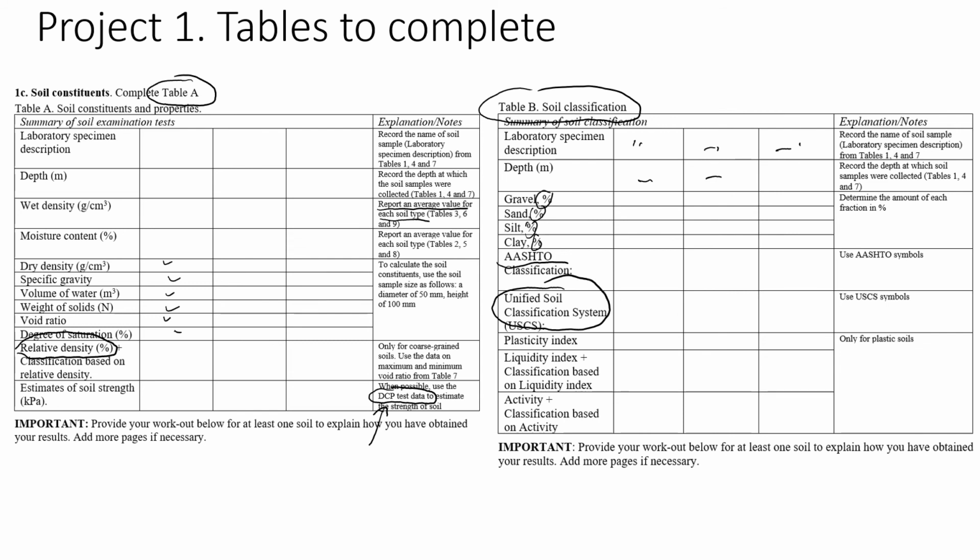You're going to have 2 plastic soils, and only for 2 plastic soils you're going to do plasticity index, and you're going to get liquidity index and also classify it as well. Don't forget to classify, and also activity and classify. So when you have sand, you don't need to do it for sand. For sand, you only do the relative density.